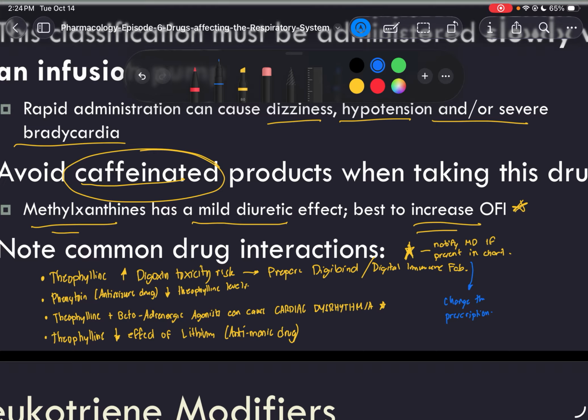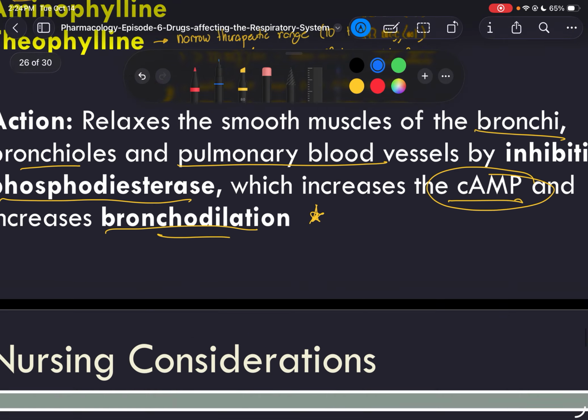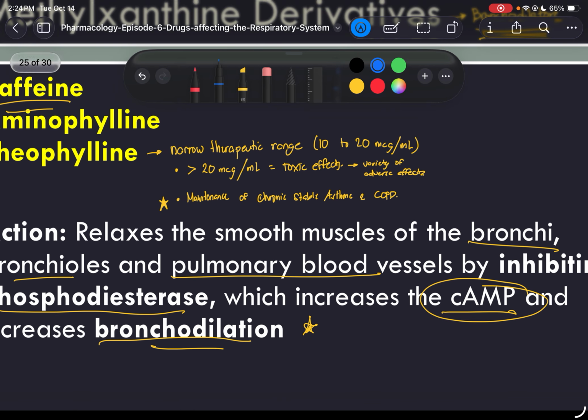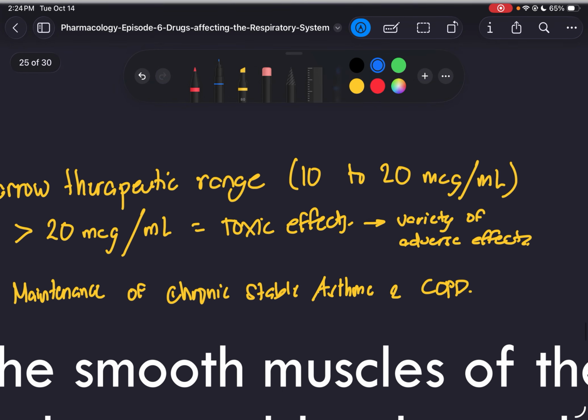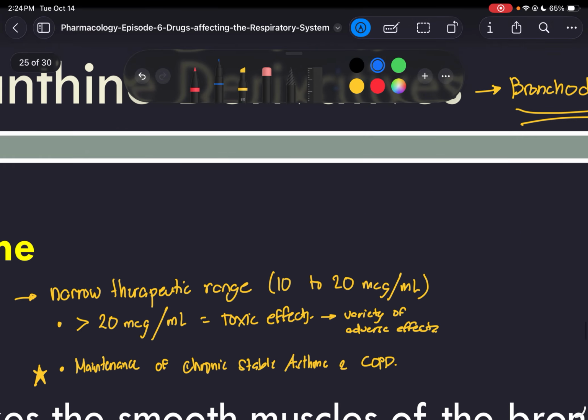Now, here's the thing. As I mentioned before, it has a narrow therapeutic range, and typically drugs with a narrow therapeutic range have antidotes. Now, what is our antidote for theophylline?